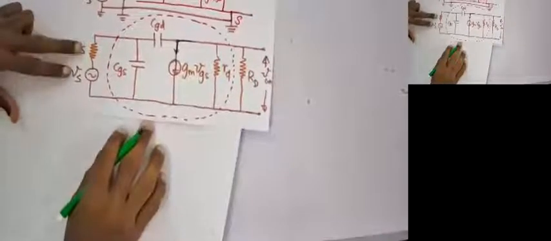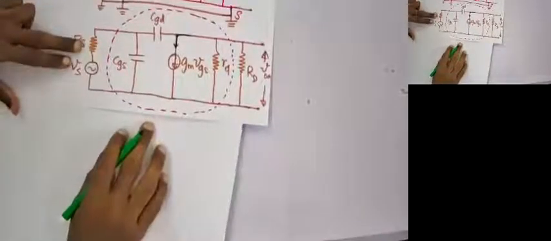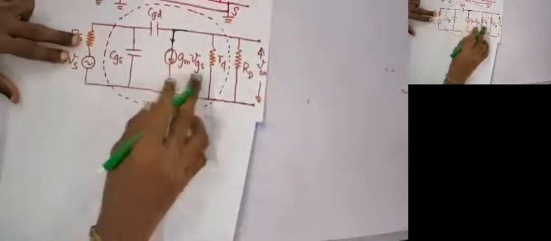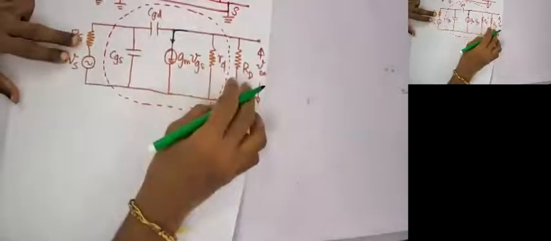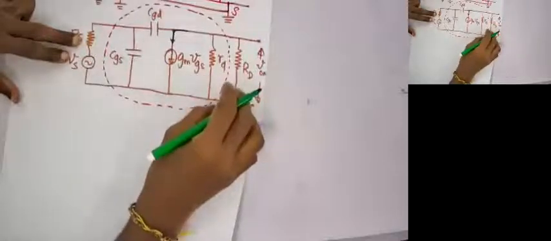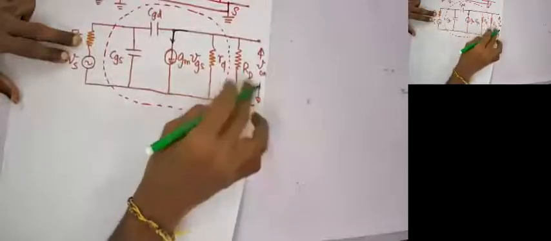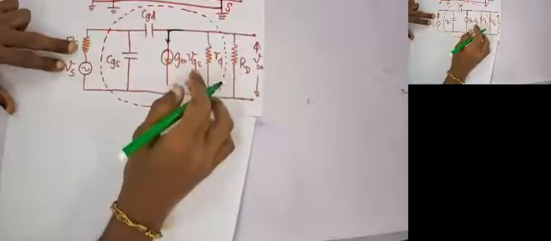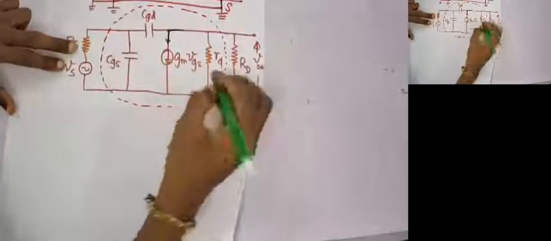Using Miller's theorem, we need to calculate the gain. So we'll consider it as a parallel component, R1 parallel rd parallel RD.